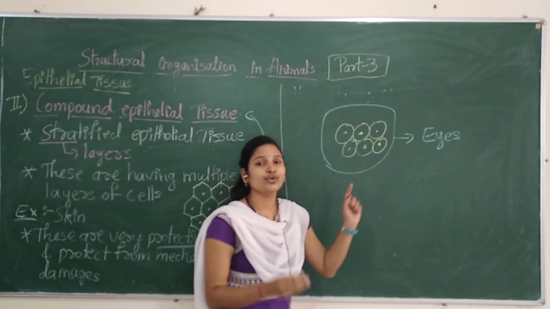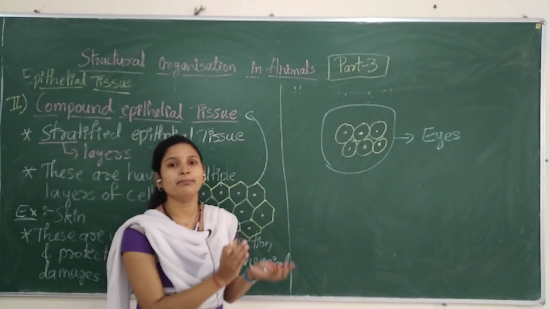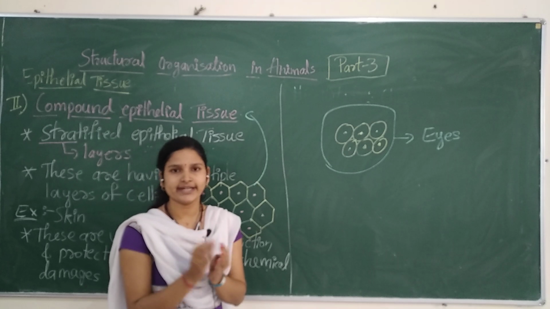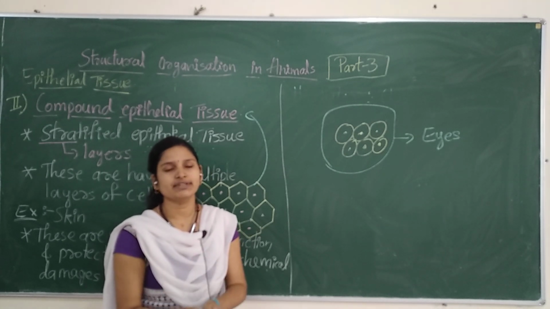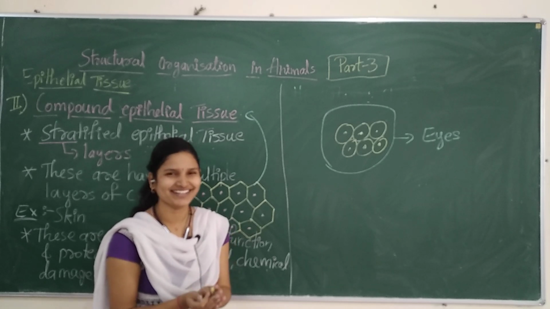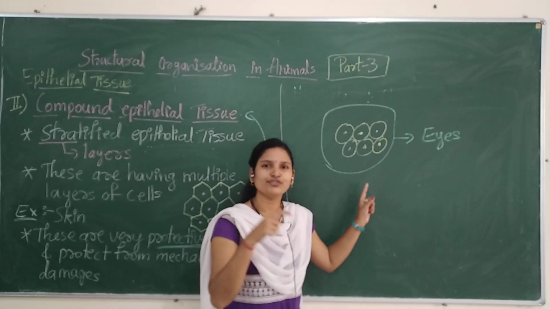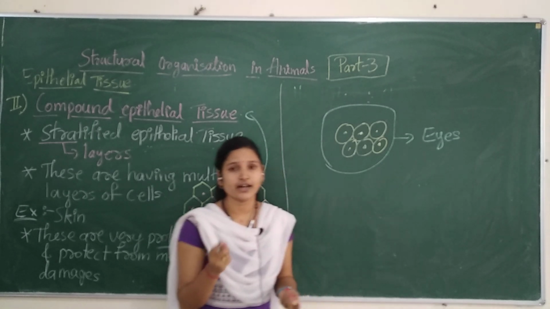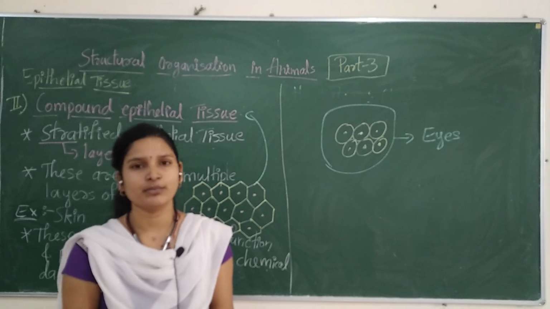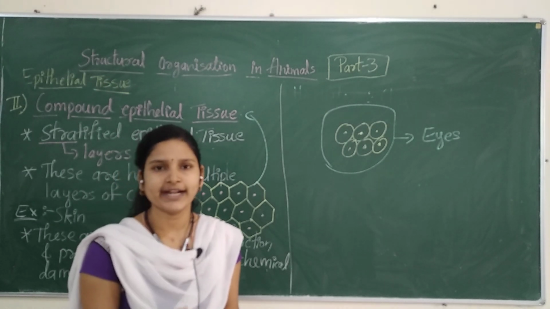The eye-forming cells are present only in a particular location of your body, that too in the head region. Do you all agree with that? Are there eyes anywhere else? So these cells are going to form eyes and they are located in one particular part of your body. Take for example our eyes present in the head region.